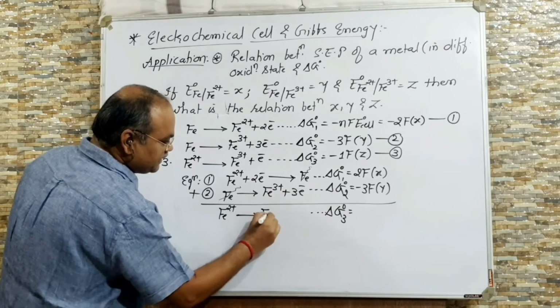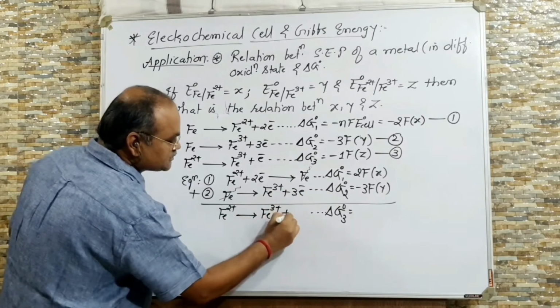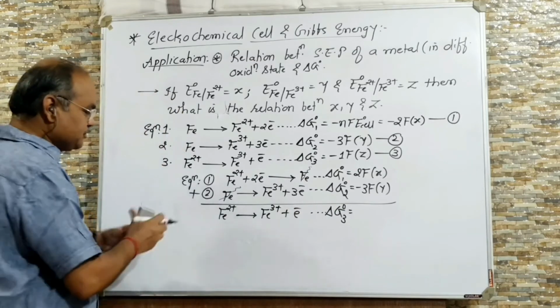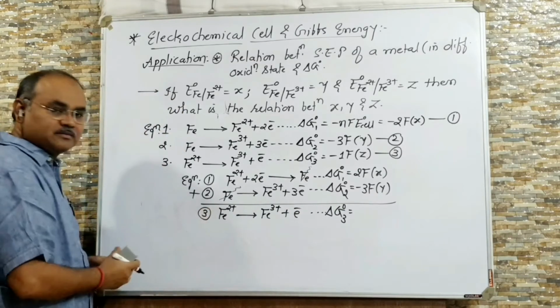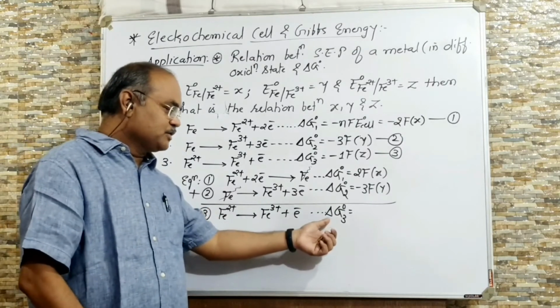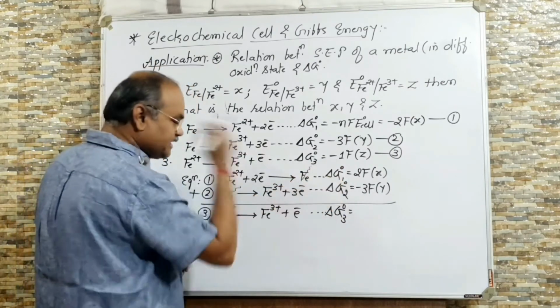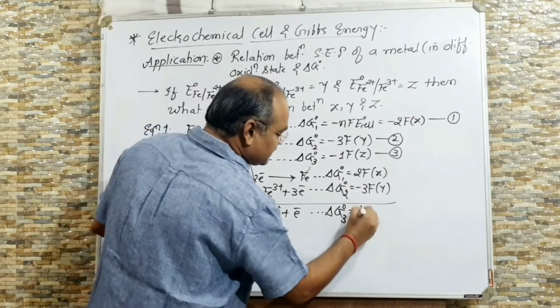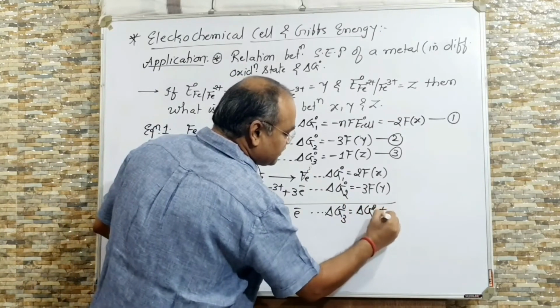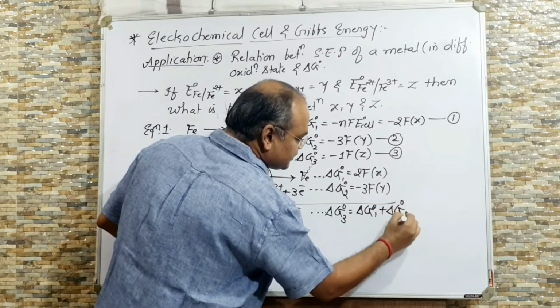So it will give Fe3 plus plus electron. So is it your equation 3? To get equation 3, that means to get delta G03, I have added delta G01 and delta G02. So this will be delta G01 plus delta G02.